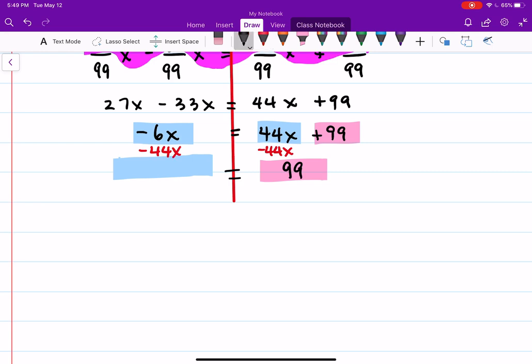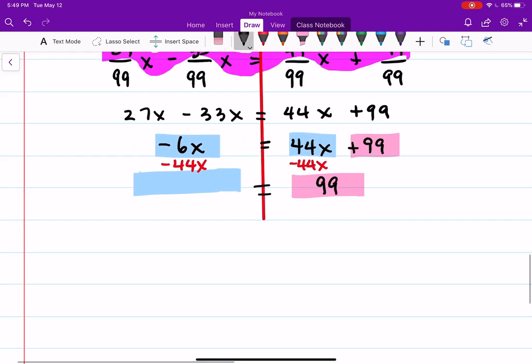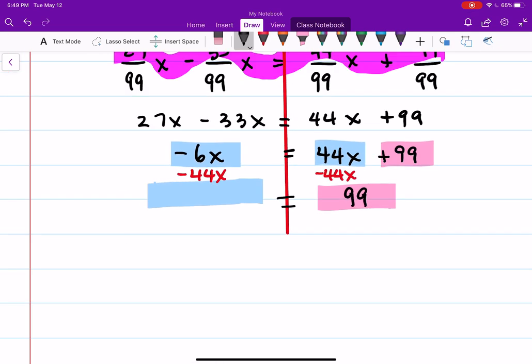So this way, 44x minus 44x goes to 0, leaving me with the 99, and this is going to give me a negative 111. Whoa, what am I doing?